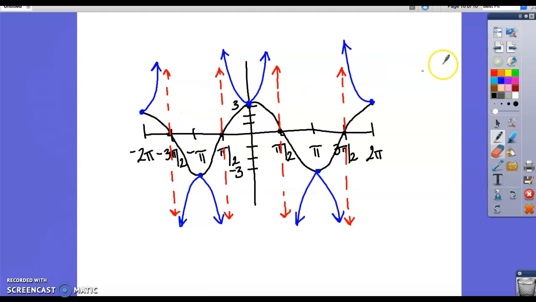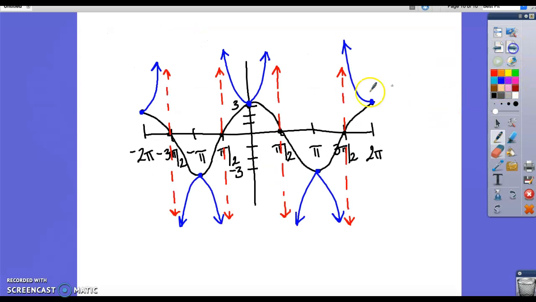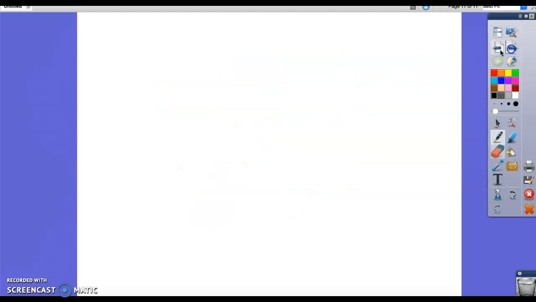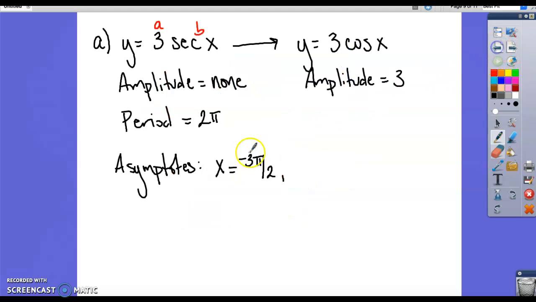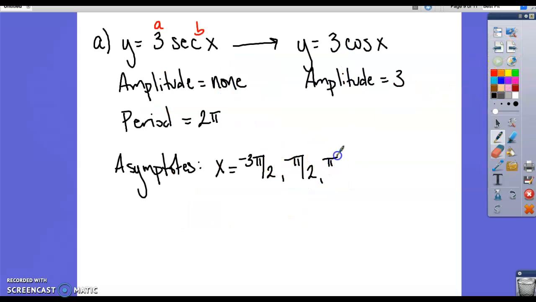I have an asymptote at negative 3 pi over 2, at negative pi over 2, at positive pi over 2, and at positive 3 pi over 2. So those are the equations of the vertical lines where I have asymptotes.